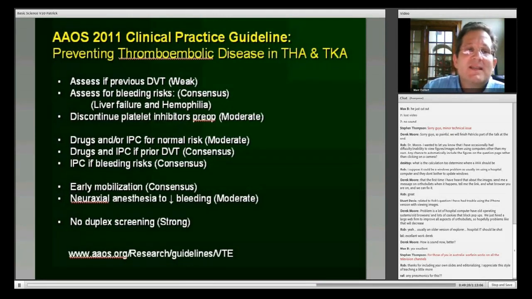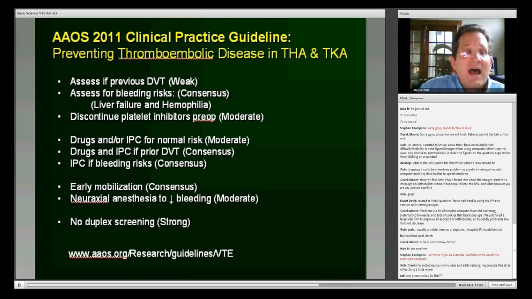You want to assess the patient if they have a history of a blood clot before. You want to assess if they have bleeding risk, things like liver failure and hemophilia. You want them to discontinue their platelet inhibitors. You want to give them drugs and an intermittent pneumatic compression hose if they have normal risk, and drugs and a compression hose if they have a prior DVT.